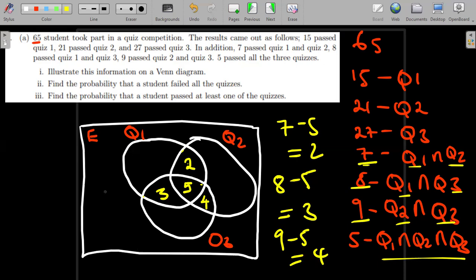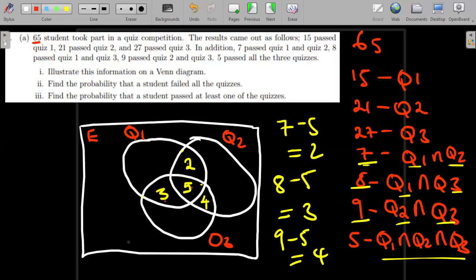Now, next we check how many passed only quiz 1. They didn't pass any other quiz, but they only passed quiz 1. So the way we do that, we have to add these three numbers here, 2, 5, and 3.